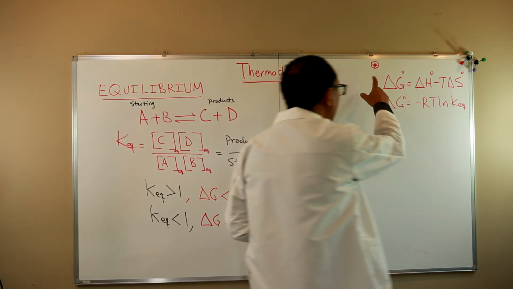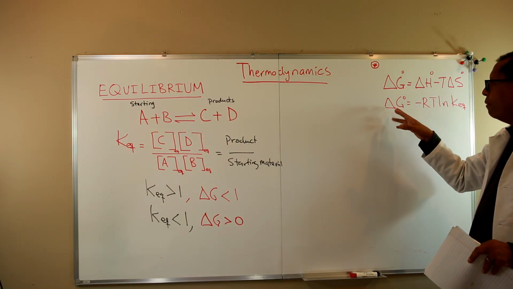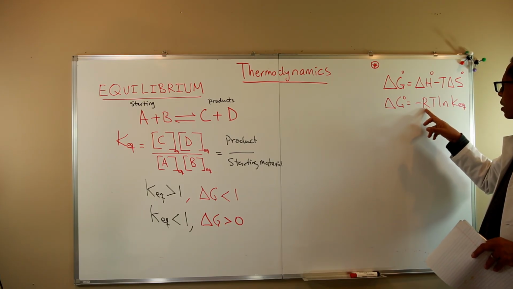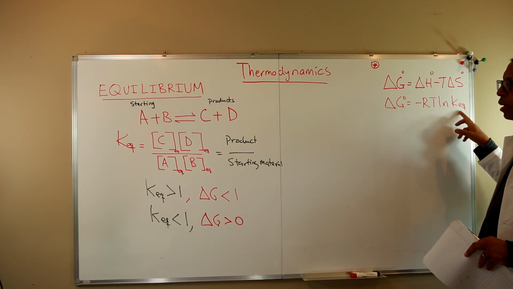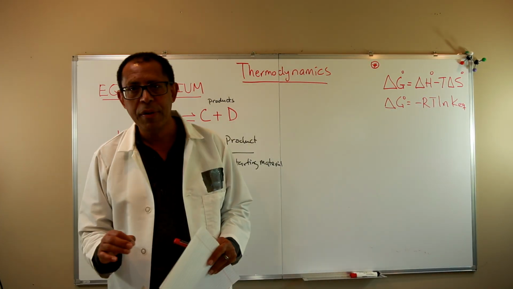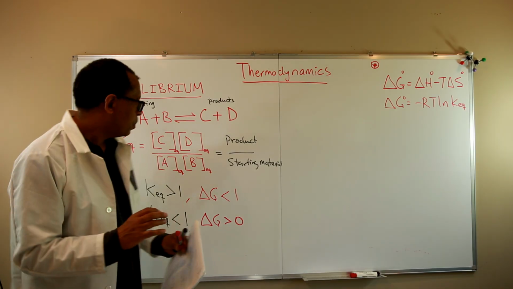These are equilibrium equations where a free energy is related to R, which is the universal gas constant, temperature, and the equilibrium constant. How fast a reaction would move is another kinetic issue.